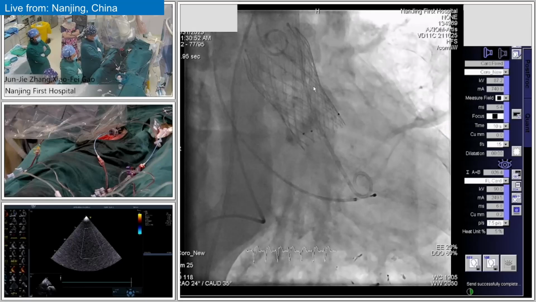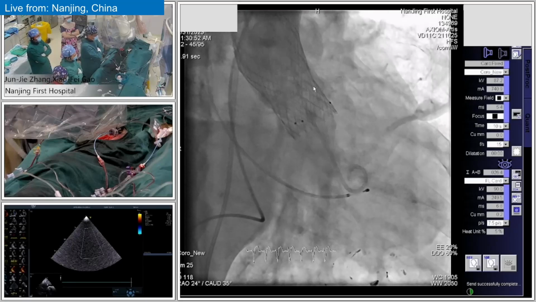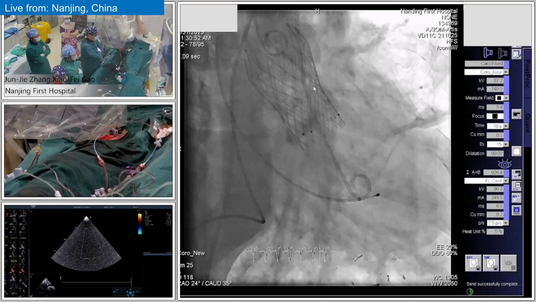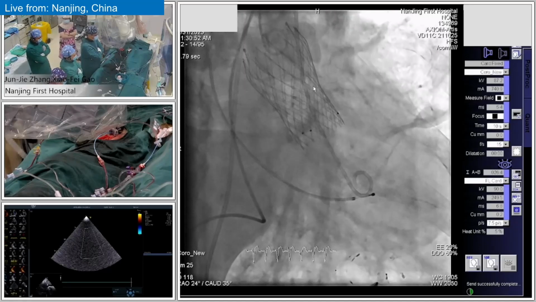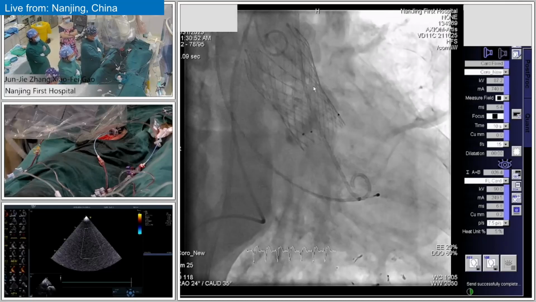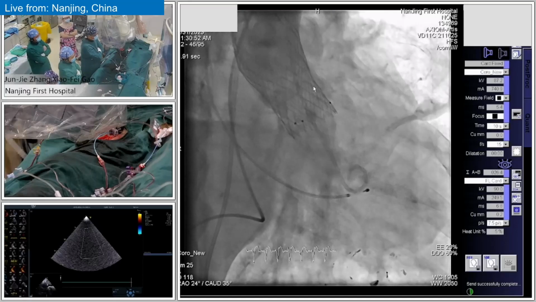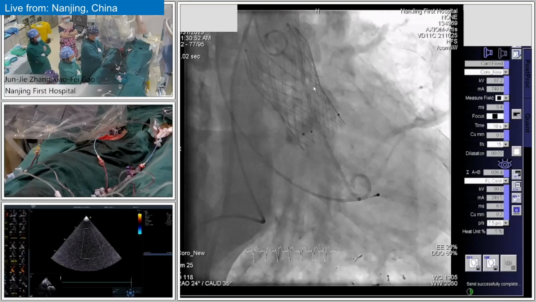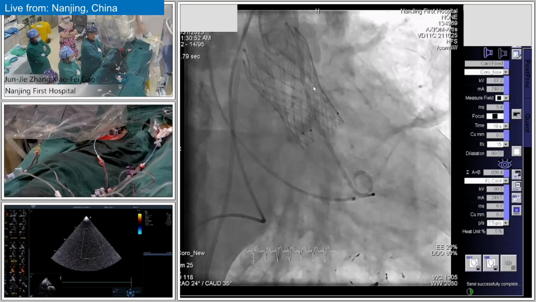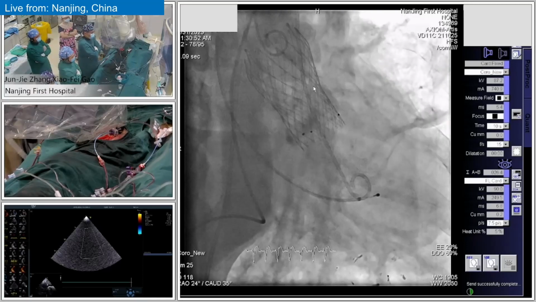Another important thing is not only the very strong radial force, but also that the crossability is quite good. You can see for this typical calcified BAV case after balloon dilation, there is no resistance when crossing the valve. So for severe calcification BAV cases, I think the Venus-A valve is a very good choice.